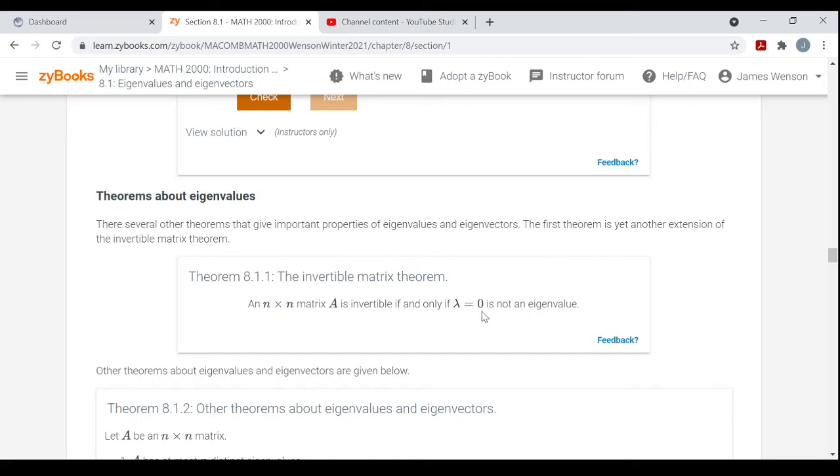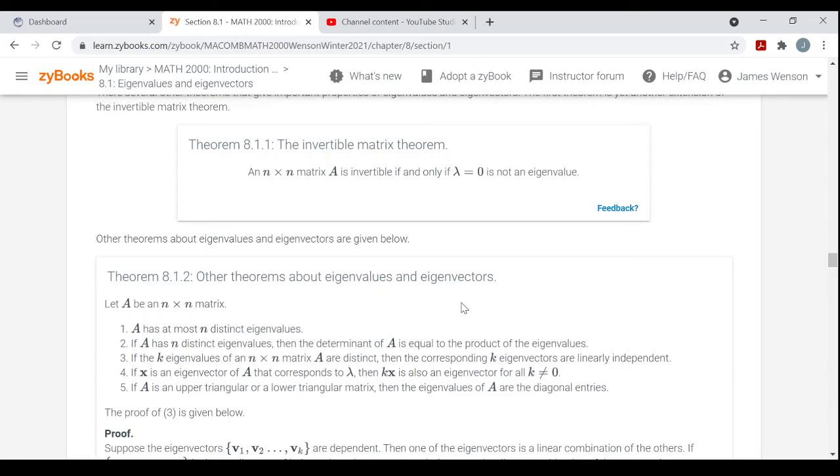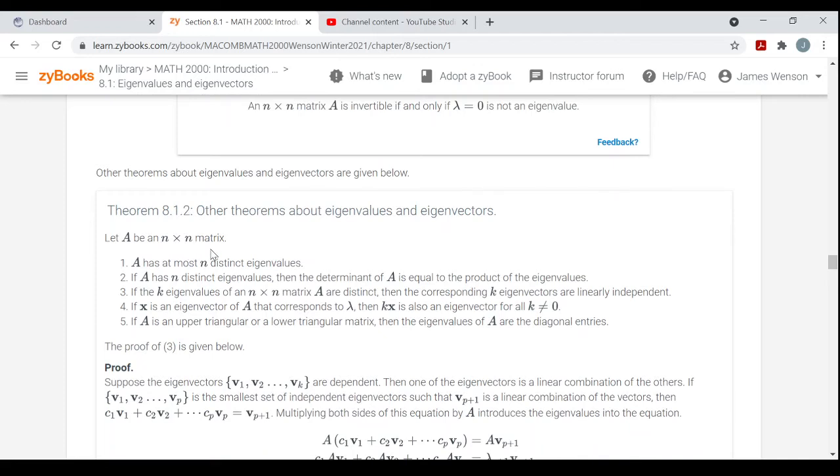So if one of the eigenvalues is 0, that means the determinant of the matrix will be 0, so it won't be invertible, right? So a matrix A is invertible if and only if all its eigenvalues are non-zero.